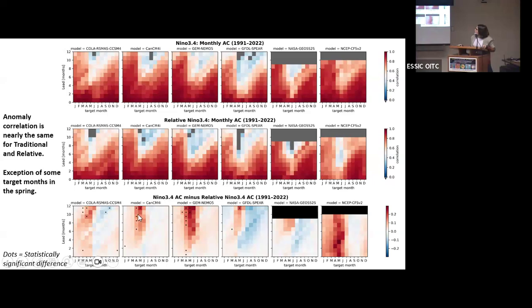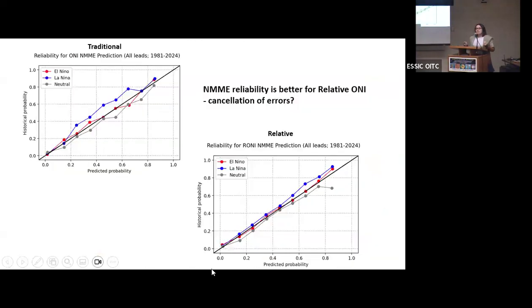We did a test of the statistical significance of the difference, and the dots show where they are different. There are not a lot of dots here. Where they occur tends to be at longer lead times and also for spring target months. That is a deterministic metric, and it's one way we grade our ENSO predictions.